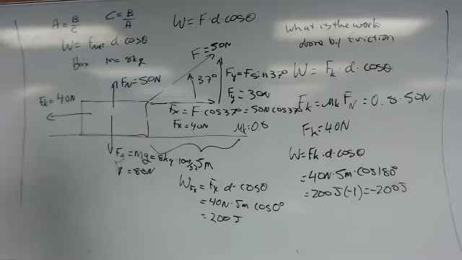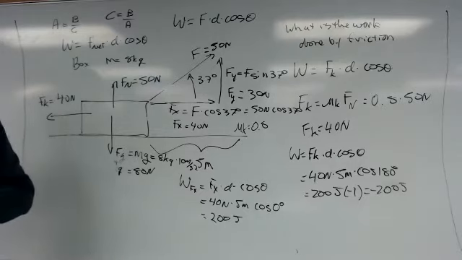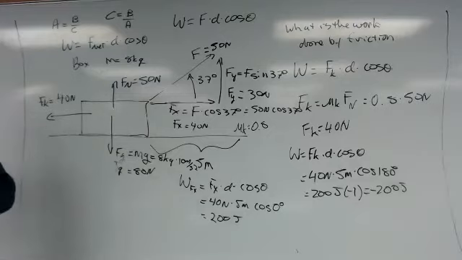Okay, this is going to sound like a stupid question. So this box can't be moving, right? If there's no net work being done and the forces cancel each other out, the box isn't moving, right? Well, it moved 5 meters. How did it move if all the forces cancel each other out?